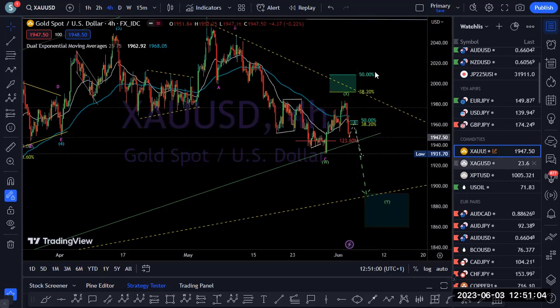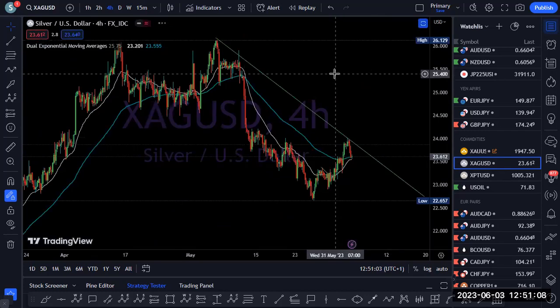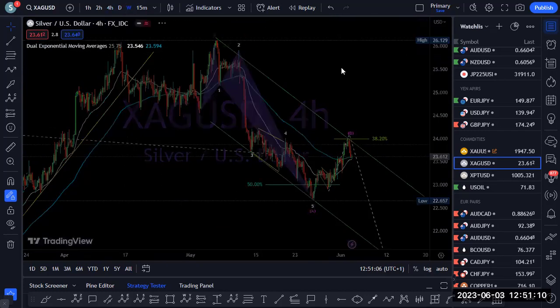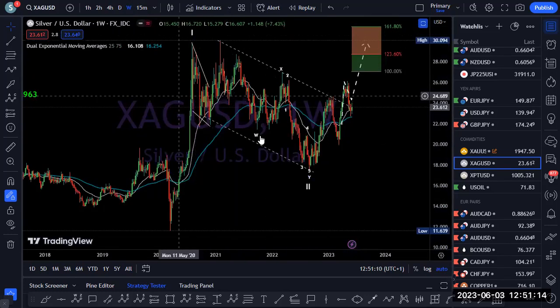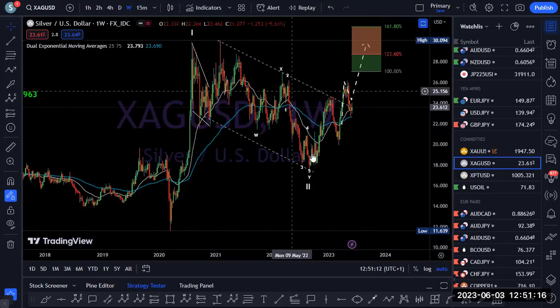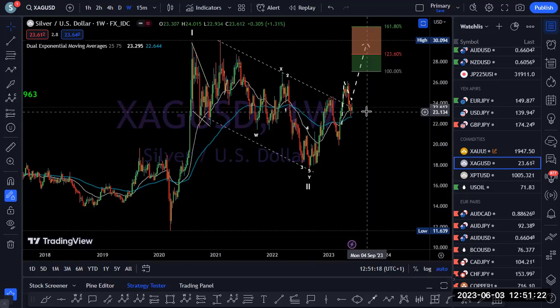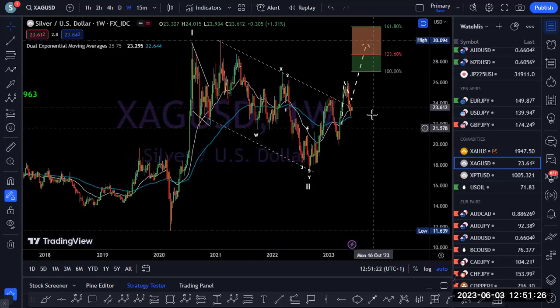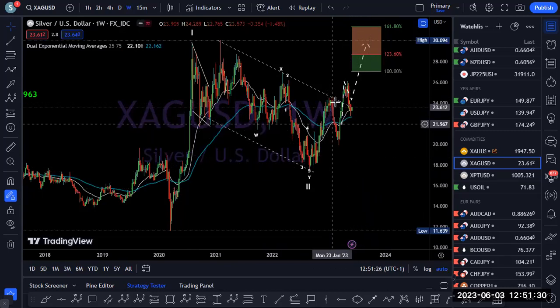See, it's the same thing, though there's some little difference on silver. On gold, we have a complete flat, but on silver, we get a zigzag. So now, if gold will drop, or what I showed you as W, X, Y, X, Z, silver may not do that. Silver may be doing what we call expanding flat.